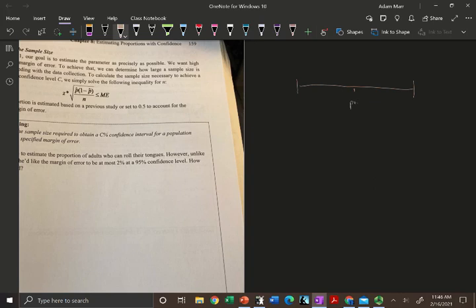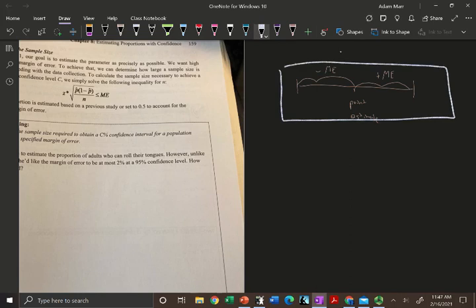And in all these confidence intervals, right here we have the positive margin of error, and right here we have the rightward and leftward margin of error. Each of these is a margin of error, and that makes up this whole thing right here we call a confidence interval. Okay? So just want to remind everybody about that.